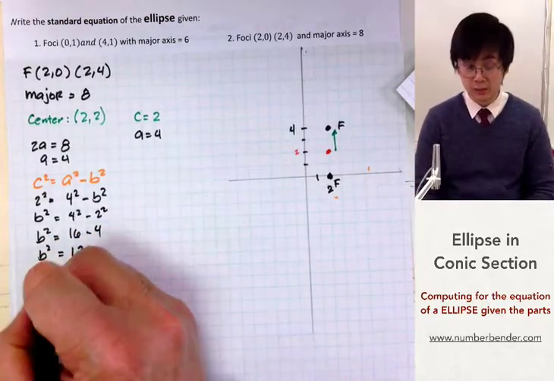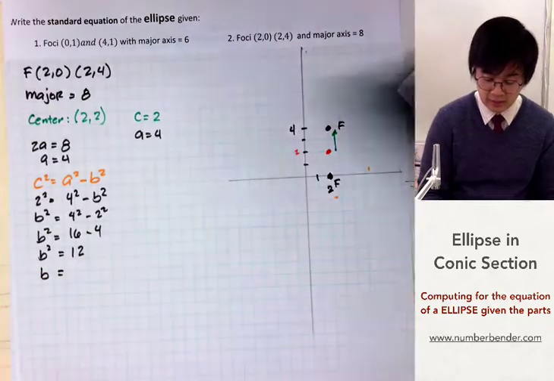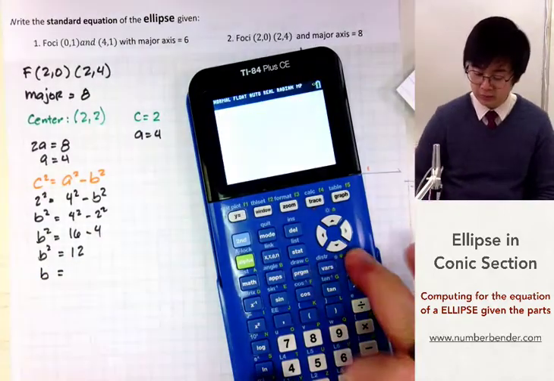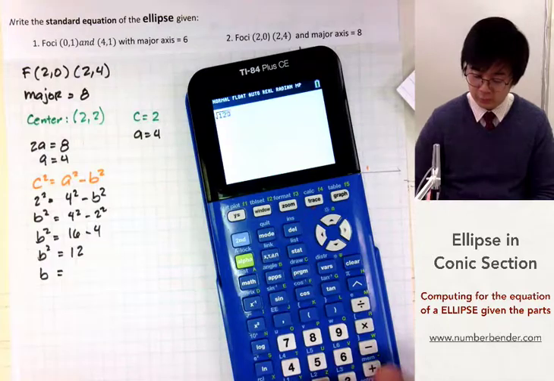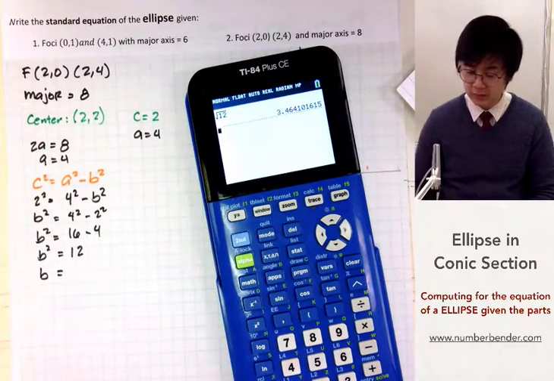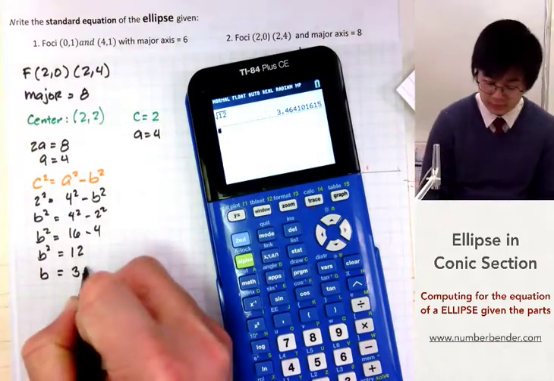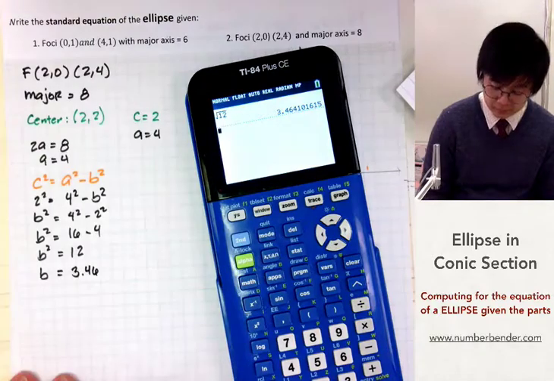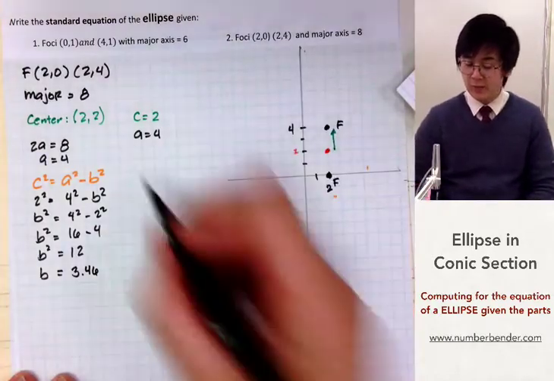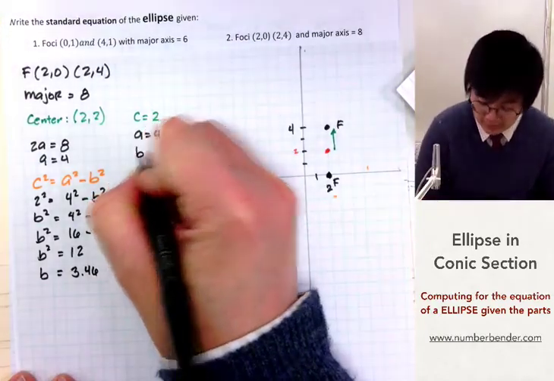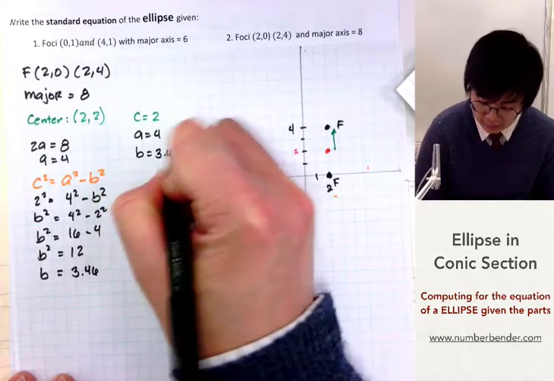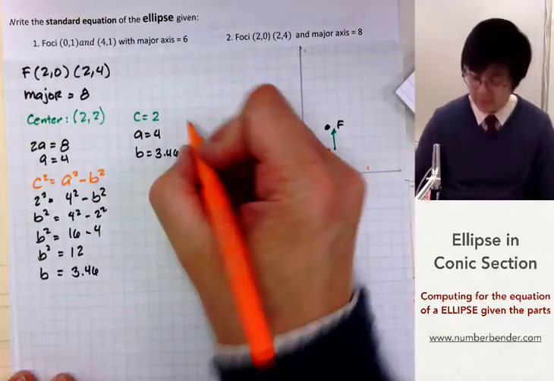so b squared is equal to 12, and to find the value of b, which we're going to use in graphing in a little while, square root of 12 is going to give us 3.46. So now that we have all the variables that we need, we have c, a, and b, which is 3.46.